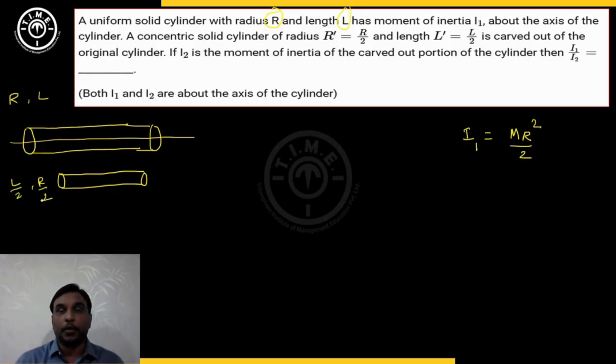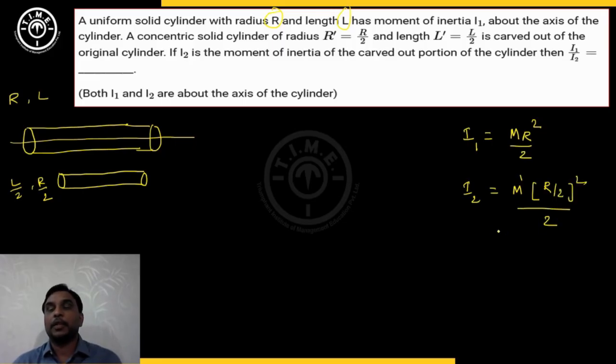What is I2? I2 is the moment of inertia of the carved out portion of the cylinder, which is also a cylinder. I can write I2 with mass M prime, radius R by 2 whole square, by 2. We don't know the mass, so the only thing you should calculate is M prime.